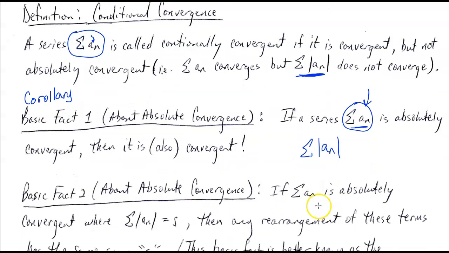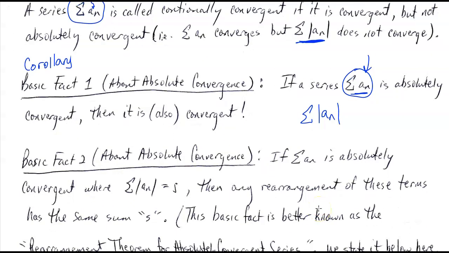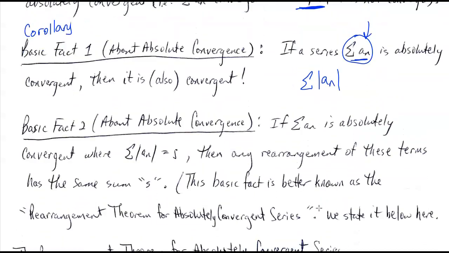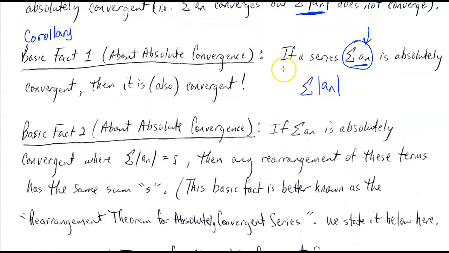Okay. Basic fact number 2. This one says if we're dealing with some series that is absolutely convergent, where if we strip out all the negative terms of the sequence that makes up the series and add it up, it's some sum S, then any arrangement of these terms has the same sum.